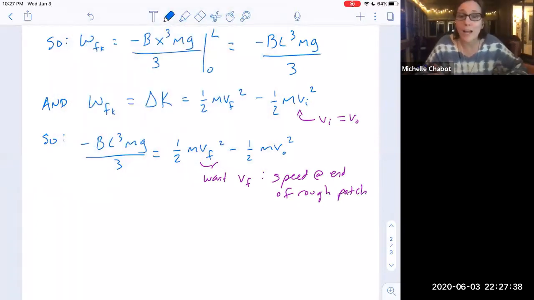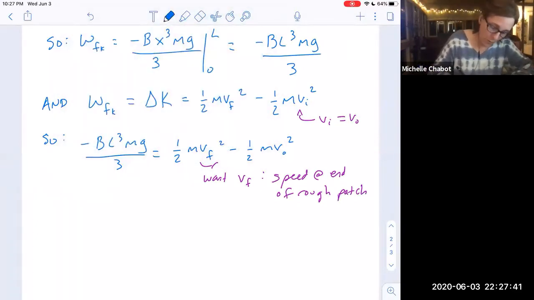So I'm going to just go ahead and do the algebra. I'm going to move the 1/2 mv squared over here. Actually, I'm going to multiply everything by 2 and divide by m. So I'm just going to have v naught squared minus 2b L cubed times g all over 3.